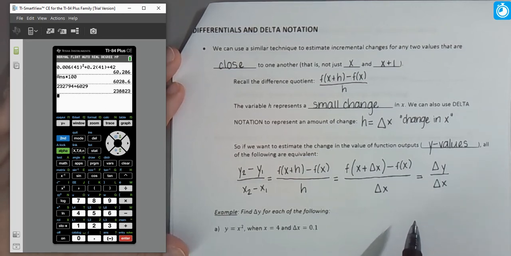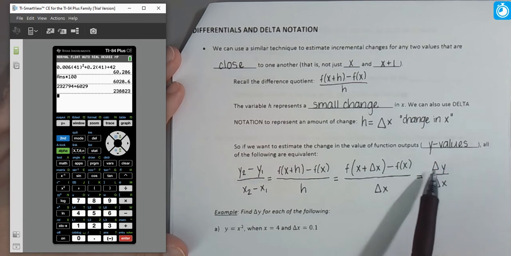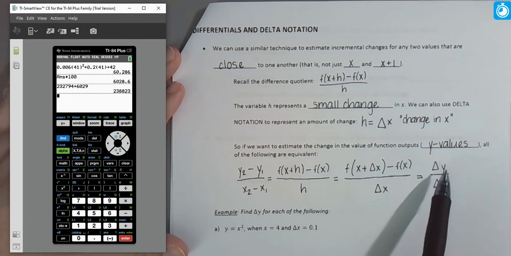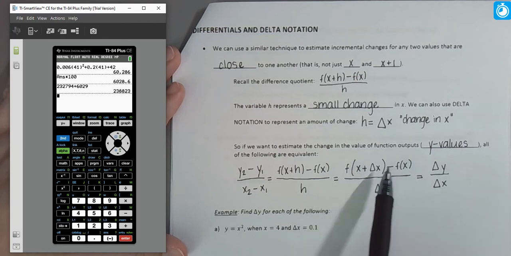The goal is to analyze what's happening with our y values, with our function values, specifically change in y. How are our y values changing based on what our original x value is, and then how far we want to go to get from one x value to another.